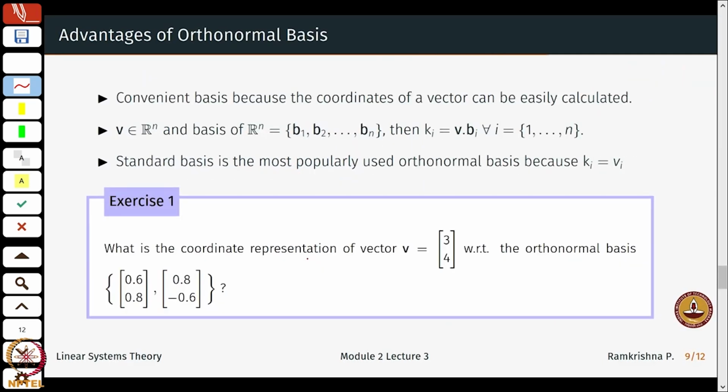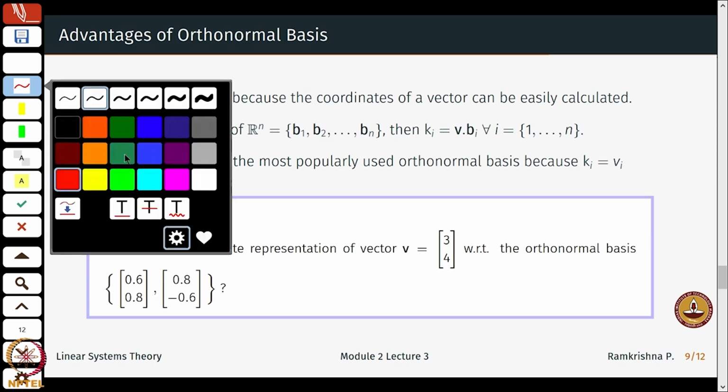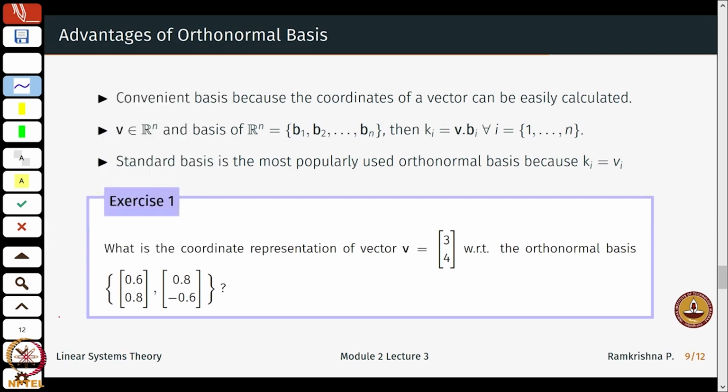Okay. Now, why is this useful, right? It is useful because I can easily find the coordinates. What is my coordinate representation of a vector? My coordinate representation of a vector is just given by these numbers, right, from the earlier representation k1 till kn. Now, this can be easily calculated.